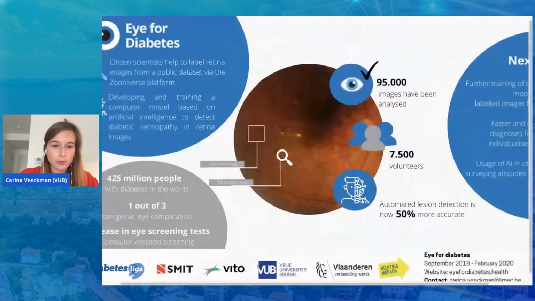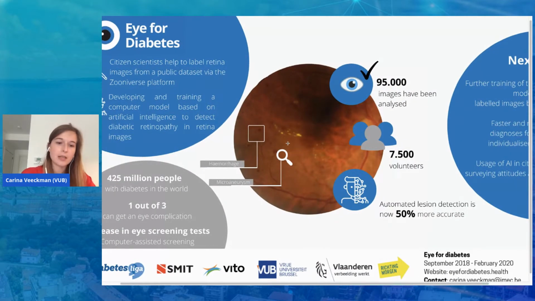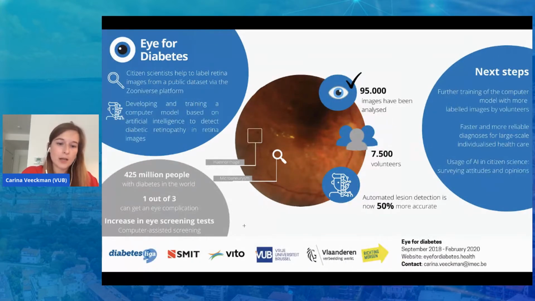So they need to look for microaneurysms in the retina images, and this is very labor intensive. And also on top of that, it might be that medical professionals vary in their diagnosis. And that is actually the reason why this project is training a computer model to assist medical professionals in the detection of this eye disease.